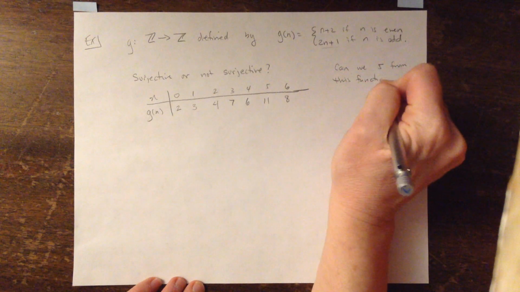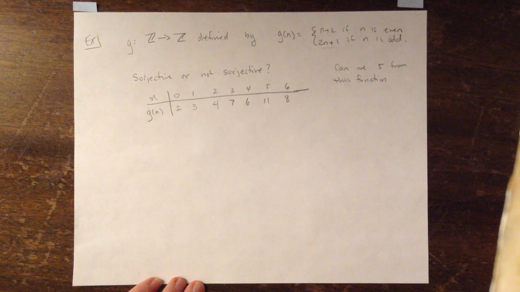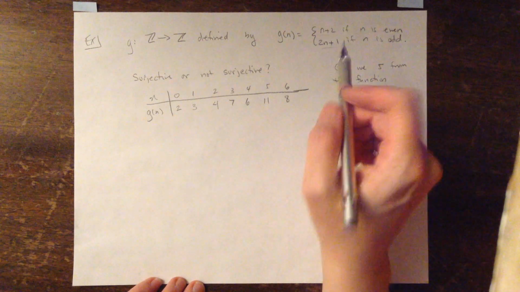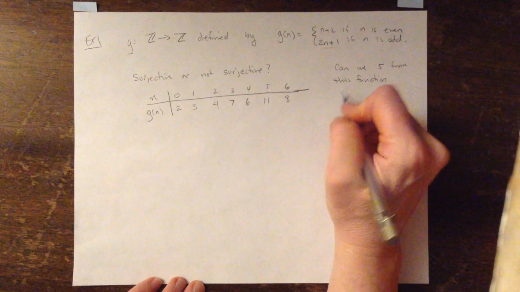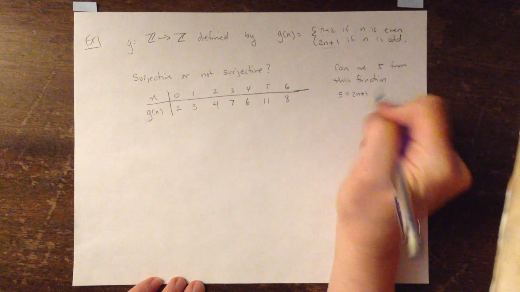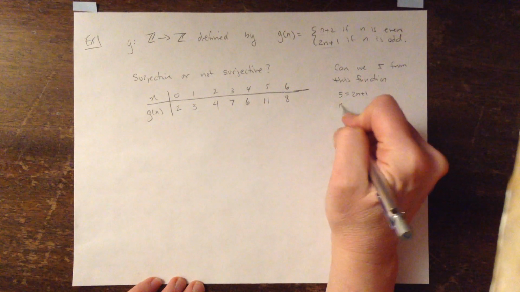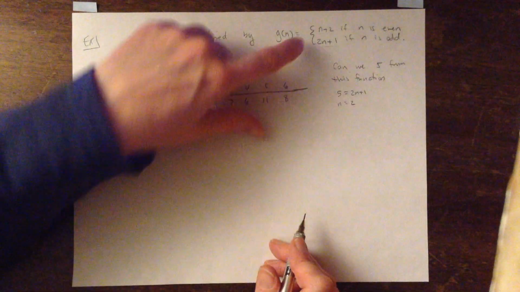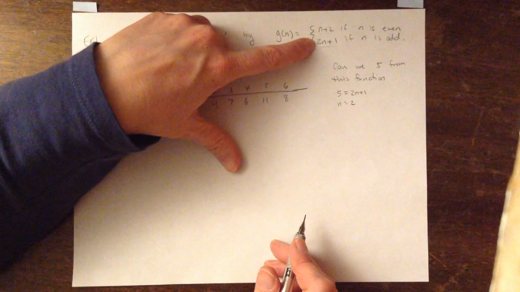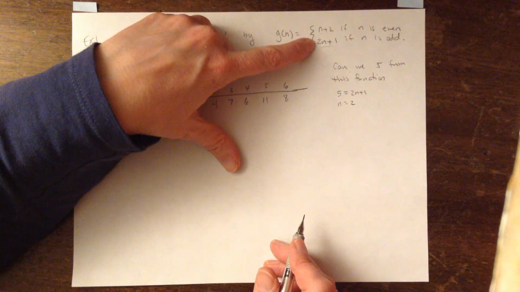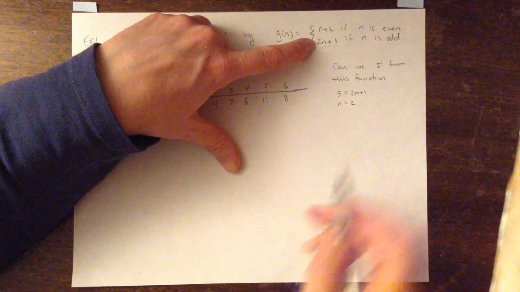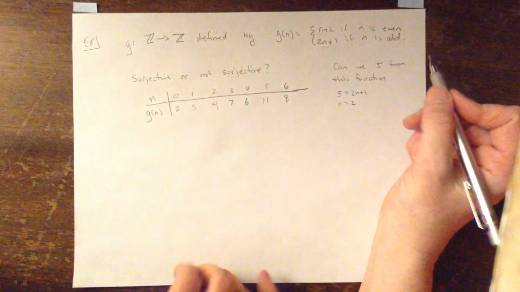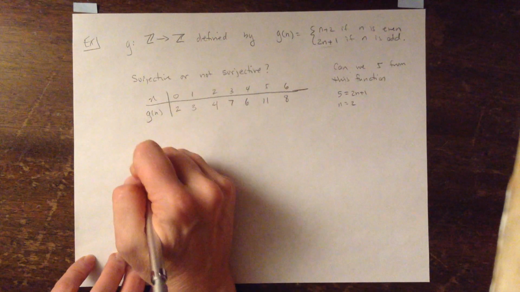Or a better way to say that, when we're looking at surjective, is anything sent to 5? So in order to get 5 out of here, we'd plug in 5 equals 2n plus 1, and you'd get n equals 2. In order to get 5 out of this, you'd have to plug in 2, but you don't plug n equals 2 in here because you're only plugging in odd n's in here. So this function is not surjective.